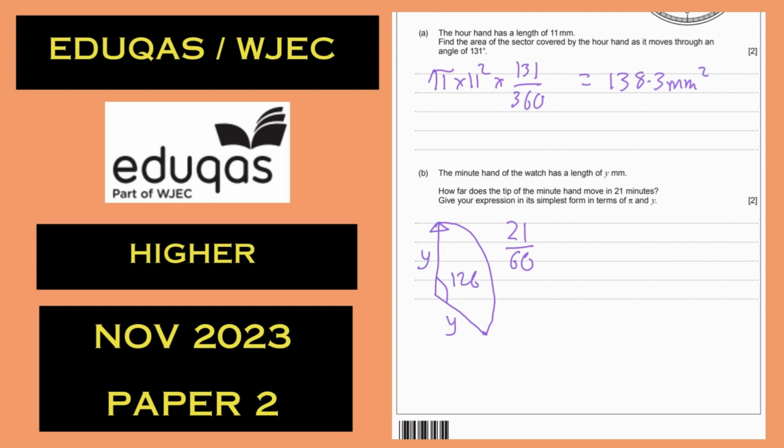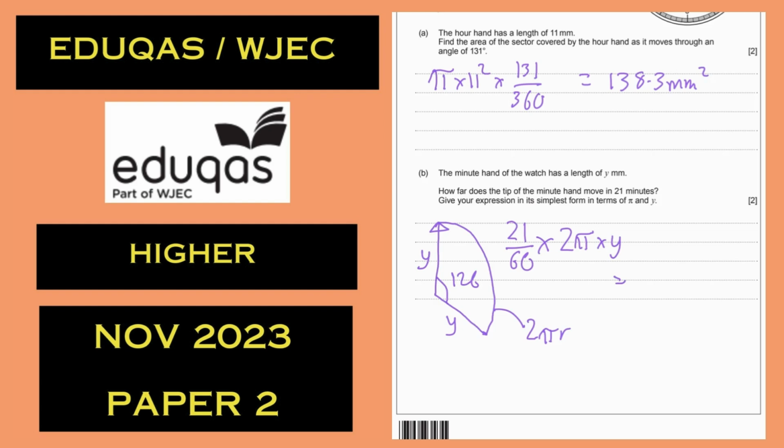And if you've done it that way, not a problem. All we care about is we multiply that by the formula for the circumference of a circle, either 2 pi r or pi d. 2 times pi times the radius.